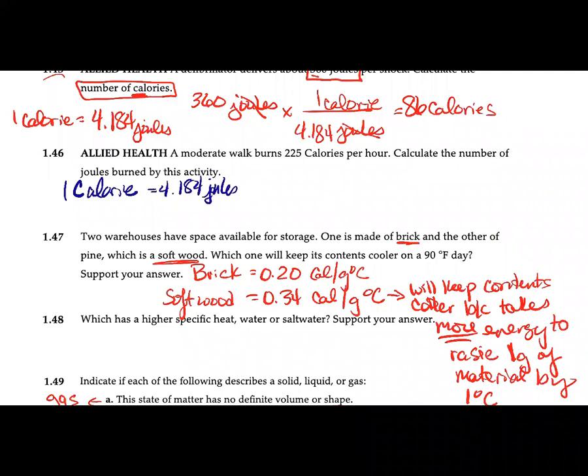So if we start with 225 calories, now I'm going to call this the big C. The big C is calories that we find in food, right? Whereas the small c is calories in energy.